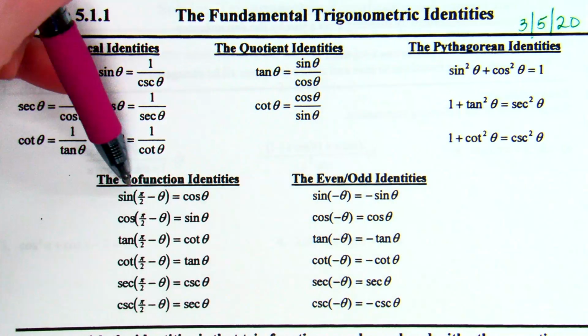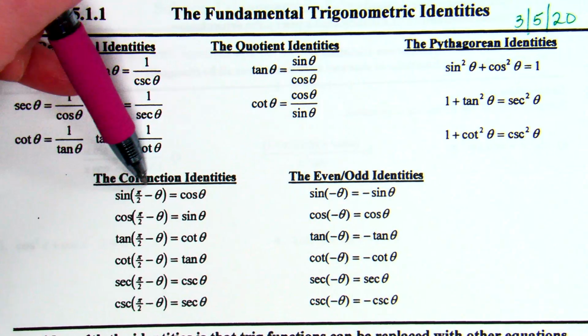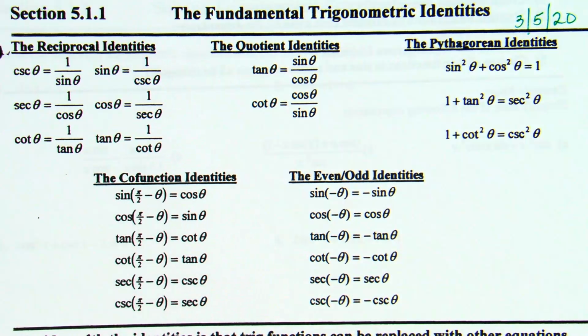And the idea is, if this is written in radians, the sine of pi over 2 minus theta is equivalent to cosine theta. This has to do with the fact that sine and cosine are just a phase shift different. If I graph sine and cosine on the same graph, they're doing the same thing, aren't they? They're just slightly offset from each other. And so these cofunctions have to do with that phase shift. Now, what is pi over 2?